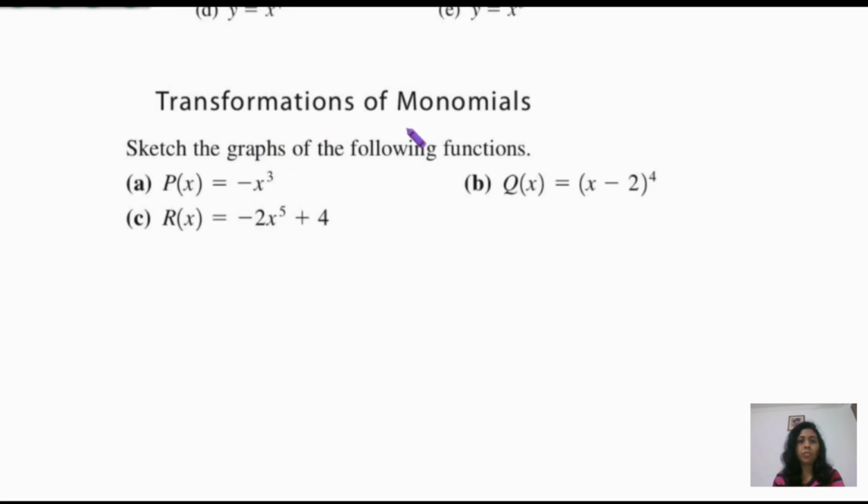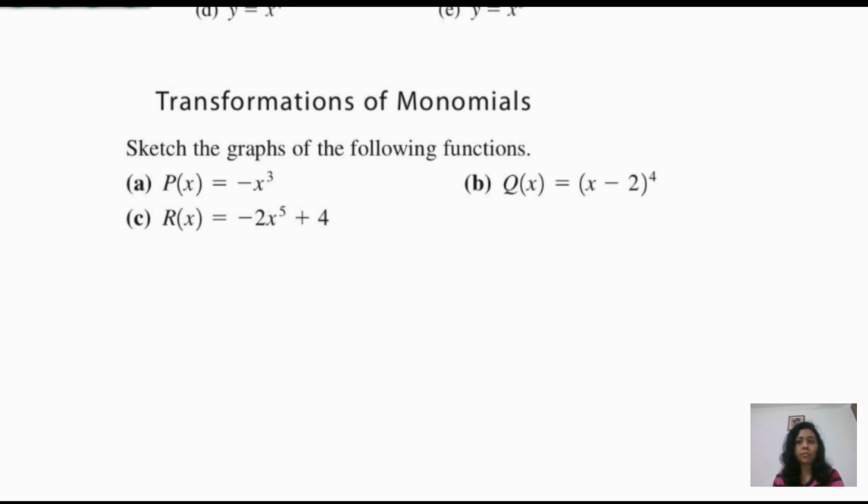Now transformations of monomials, and here is today's question: sketch the graph of the following functions. Transformations of graphs we already learned, and you can watch my earlier videos.